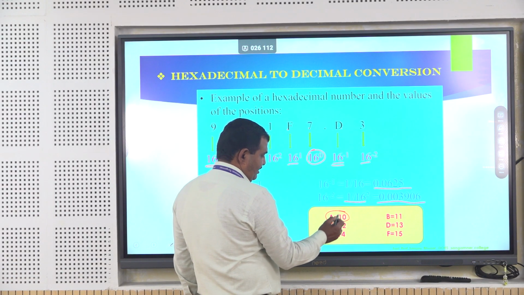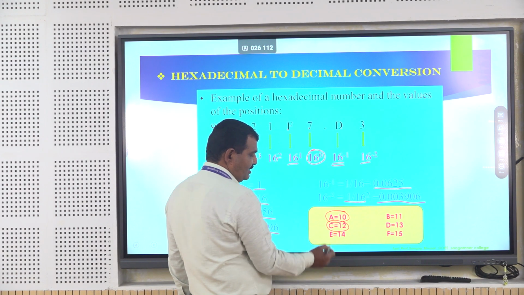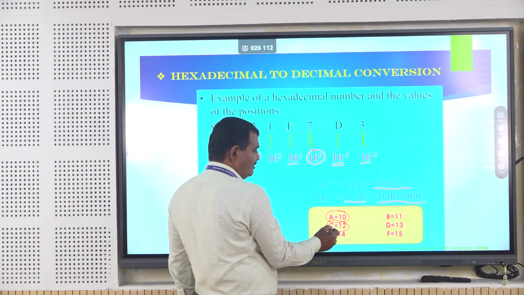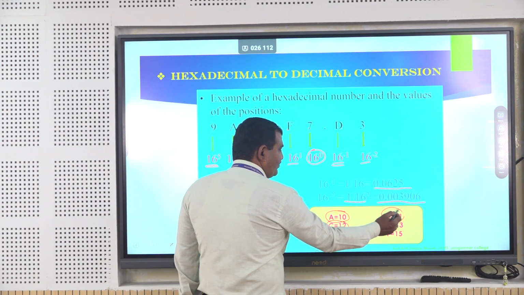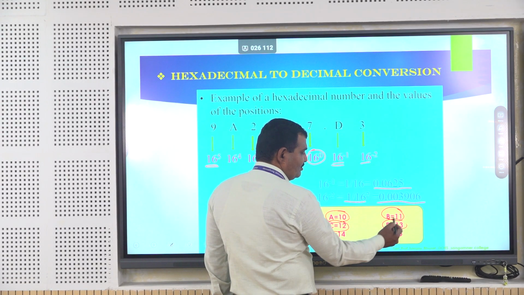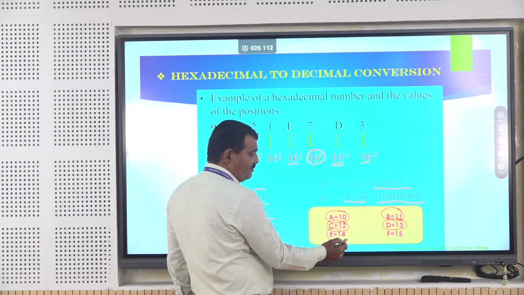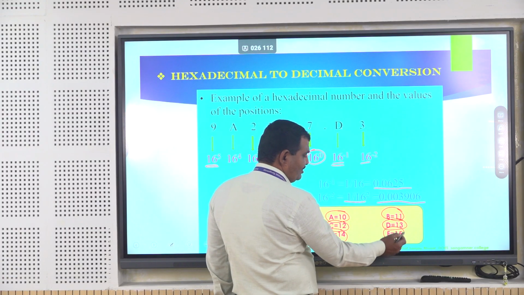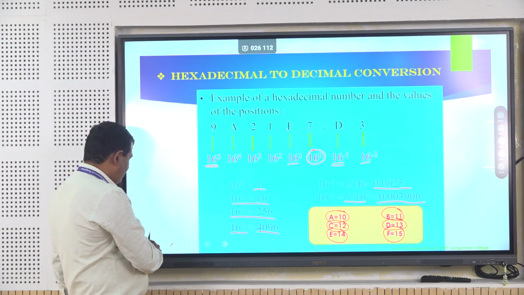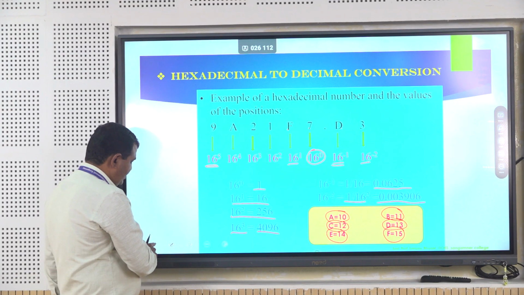In hexadecimal there are some alphabets: capital A is equivalent to decimal 10, B is 11, C is 12, D is 13, E is 14, and F is 15. These values are also required for solving the weight of sum equation.